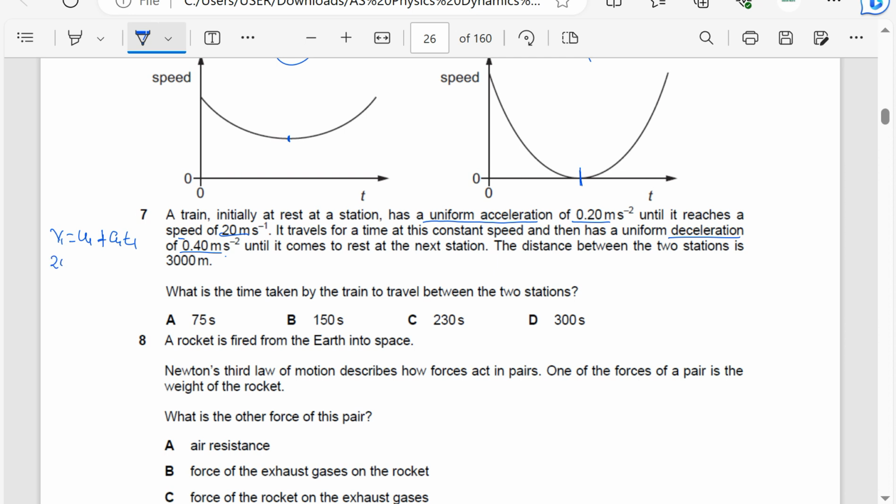So 20 equals 0, because it starts from rest, plus 0.2 meters per second squared times time t1, which means t1 is going to be 20 divided by 0.2, which is 100 seconds. The first time is 100 seconds. So this is stage 1.